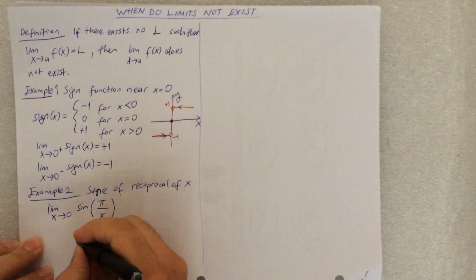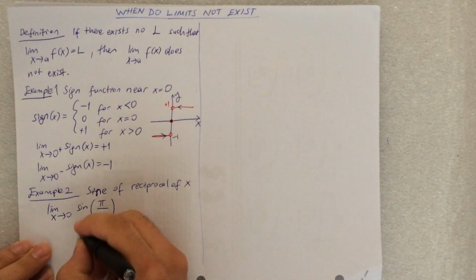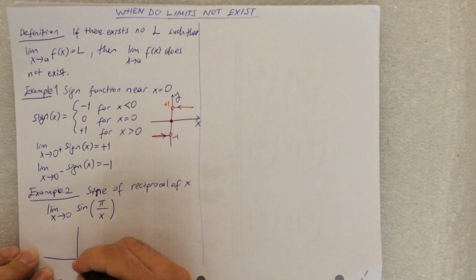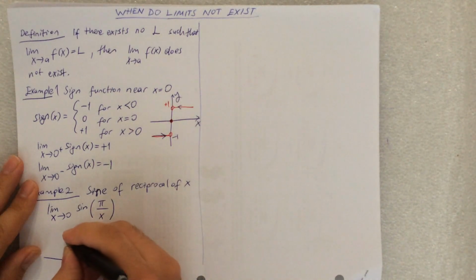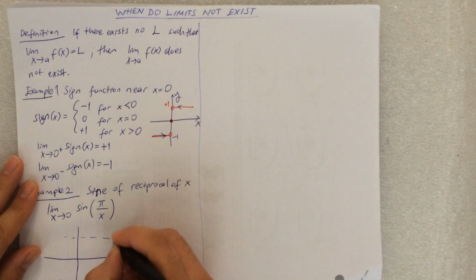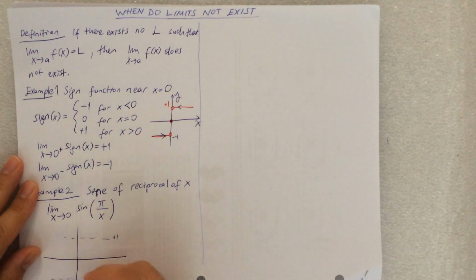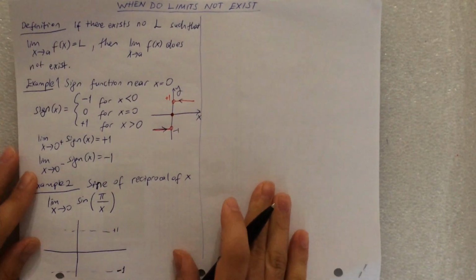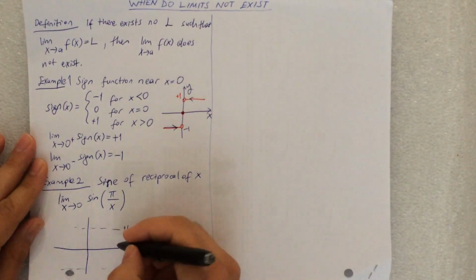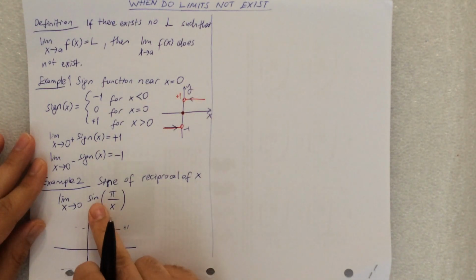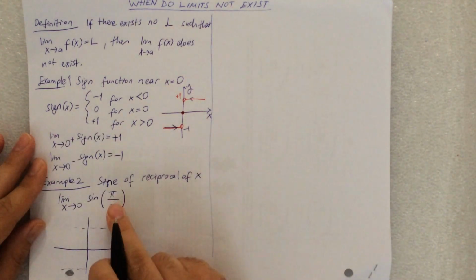If we plot this as a graph, it's going to look like this. Let's say this is +1, this is -1. This is going to be a periodic function.